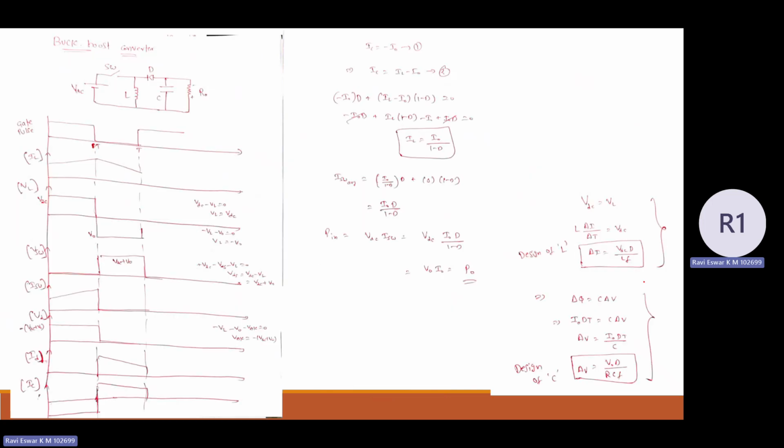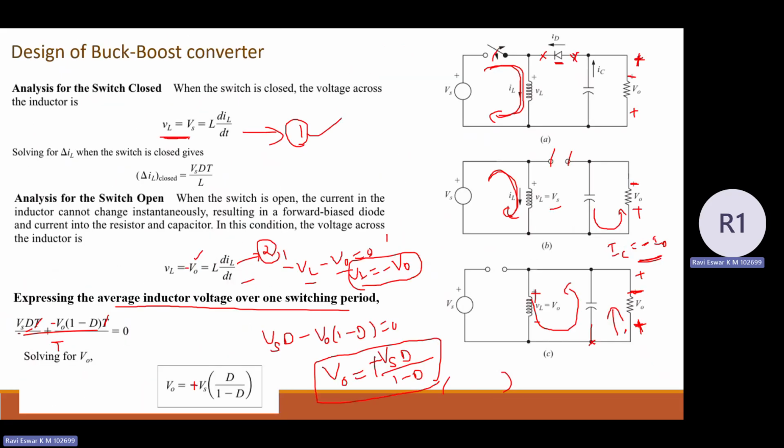So again, you can draw the model waveforms. I already told you, while drawing the model waveforms, first draw the gate pulse. The second one, see the inductor current. When the switch is turned on, the inductor is in charging state. Now what about the inductor voltage? We derived it with KVL, right? So VL equal to Vs, that is equal to VDC.